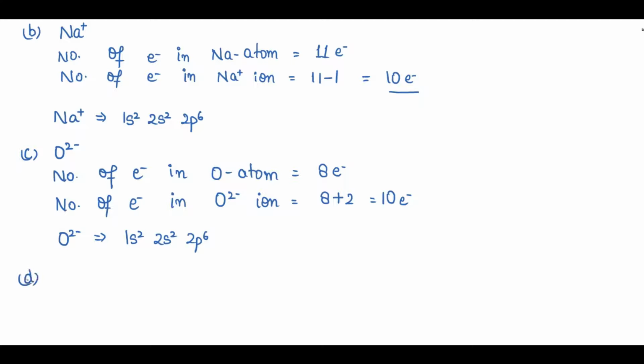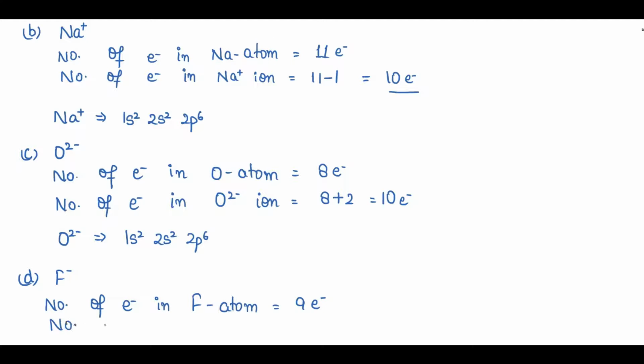Now let's see the last one, that is F negative. The number of electrons in a fluorine atom is equal to 9 electrons, right? And F negative means this fluorine atom gains 1 electron.